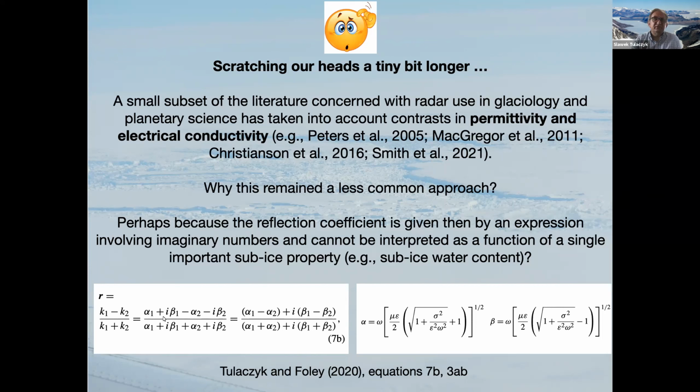So the reflection coefficient at this point is still a complex number. It's not a real number. And even these alphas and betas, if you start plugging in, are cumbersome. Certainly not the beauty and simplicity of the square root of epsilon1 and the square root of epsilon2 being the only thing you have to worry about. And as I said, you're also retaining the frequency dependence of the reflection coefficient.